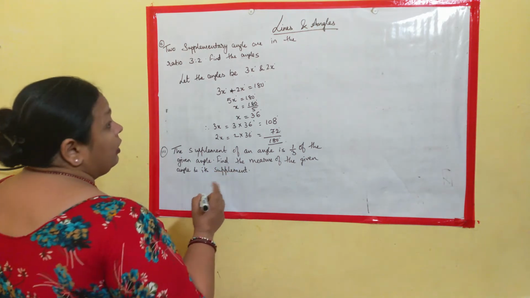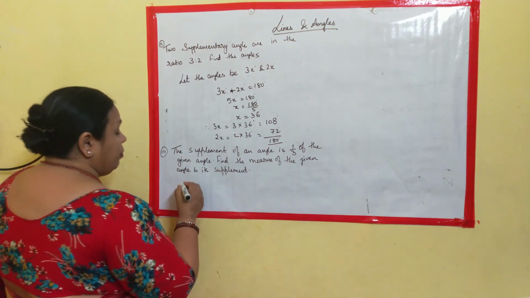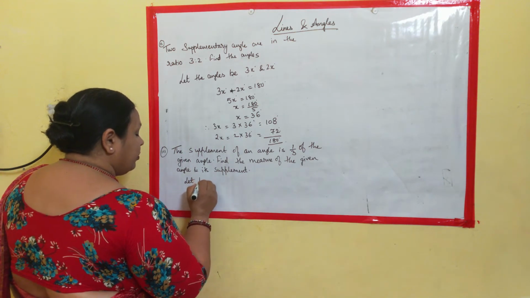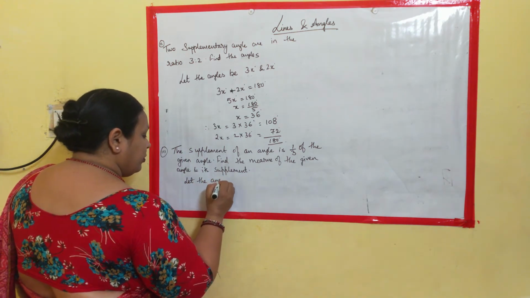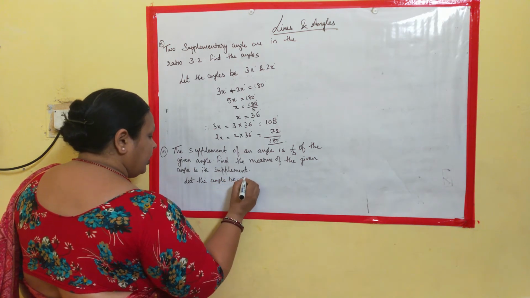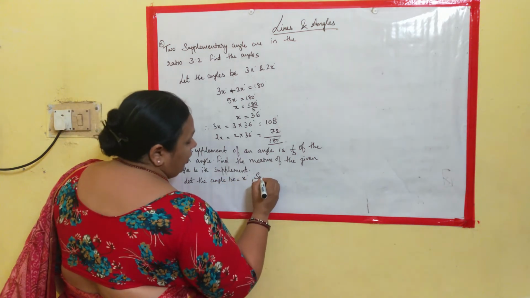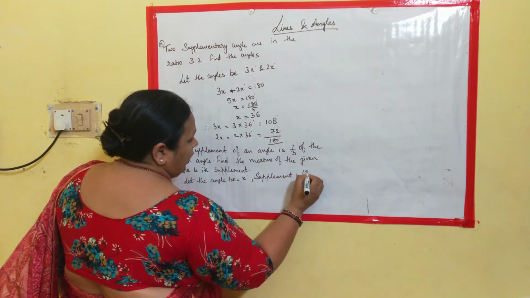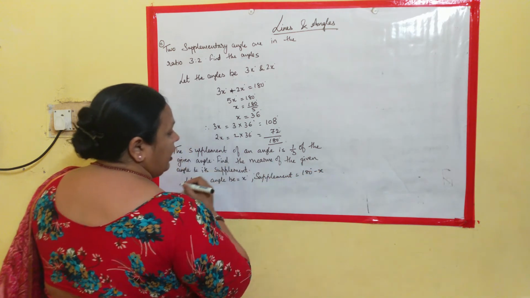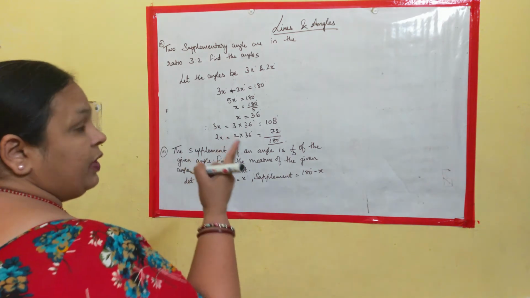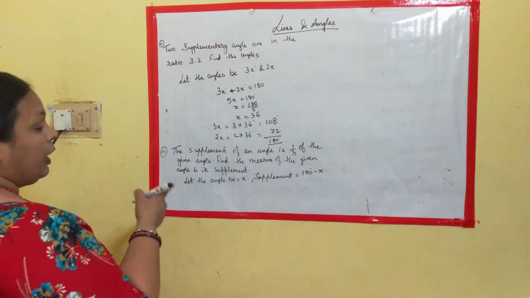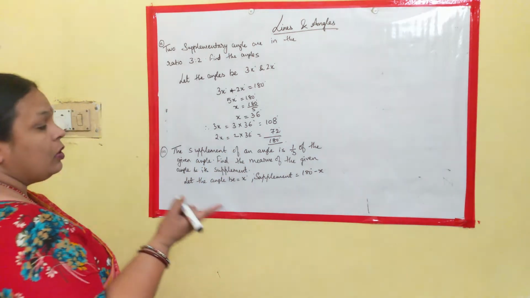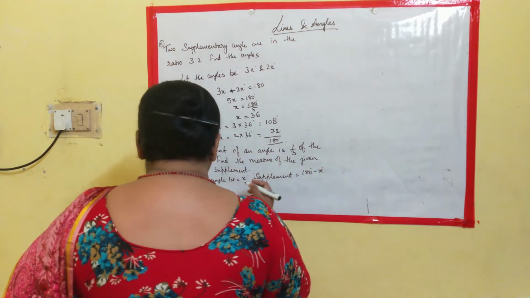So again the same, let the angle be x degree and its supplement be 180 minus x. Clear? As we have done in the first example, let the angle be x, supplement is equal to 180 minus x degree.